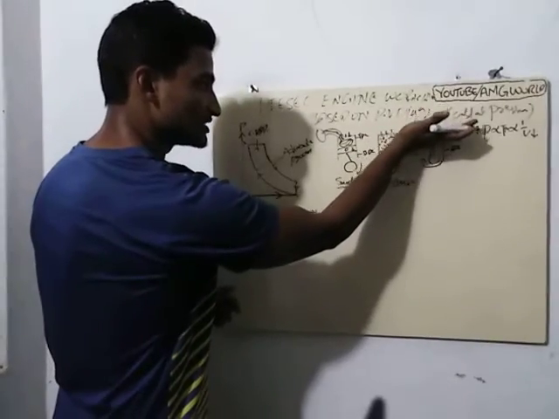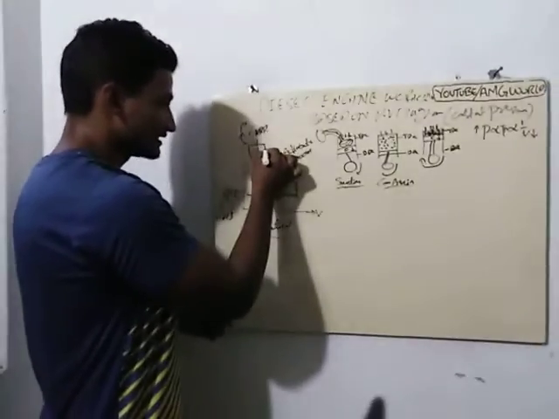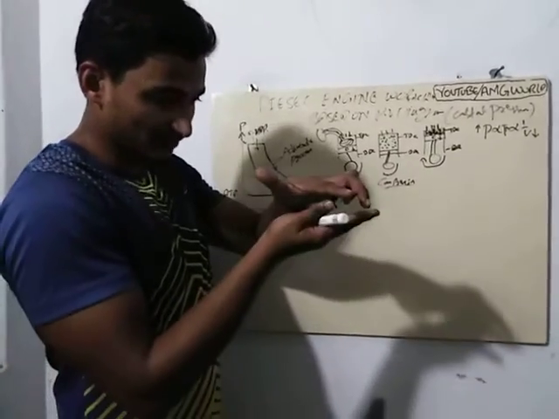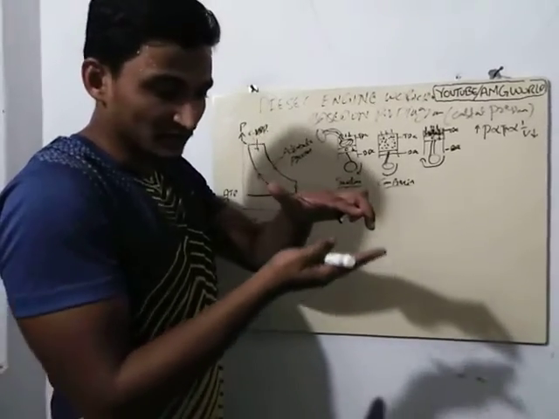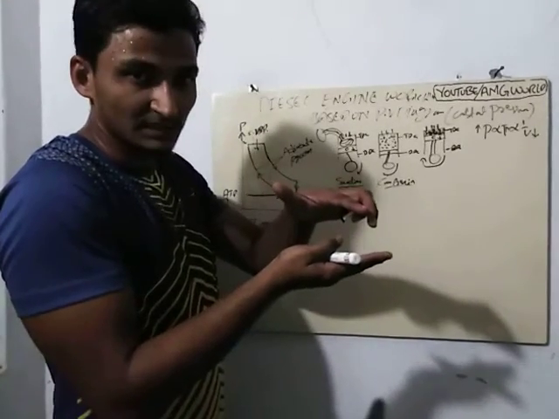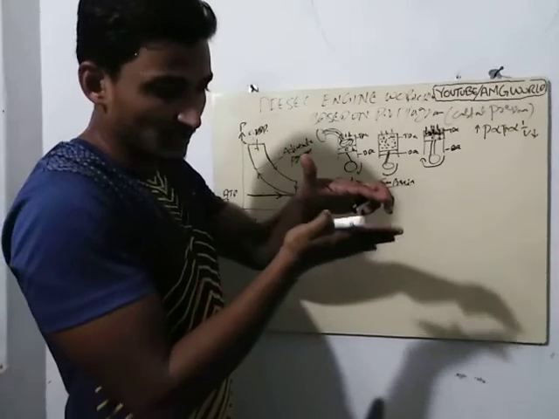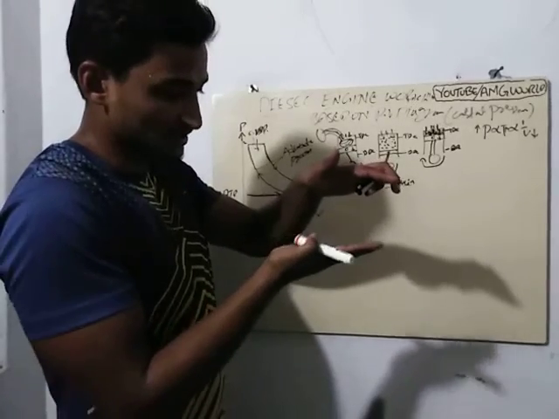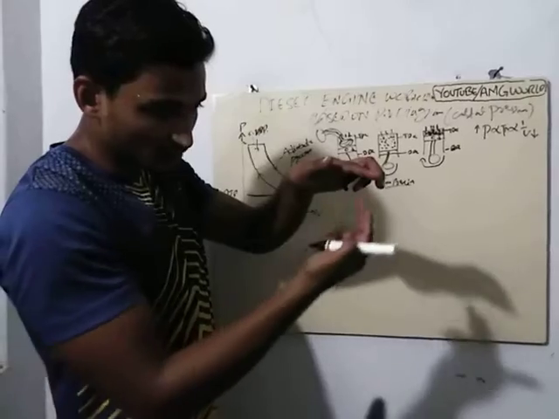What happens during expansion? The piston travels from TDC to BDC, which results in a reduction of pressure. Piston traveling from TDC to BDC means the volume between the lower portion of the engine head and the top portion of the piston is going to increase, right?